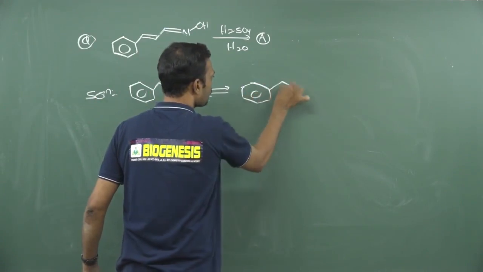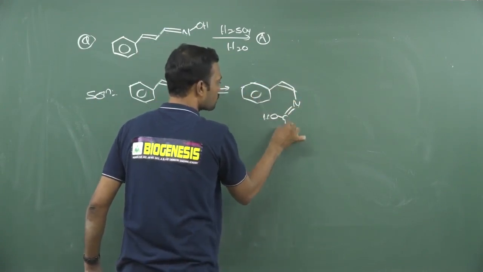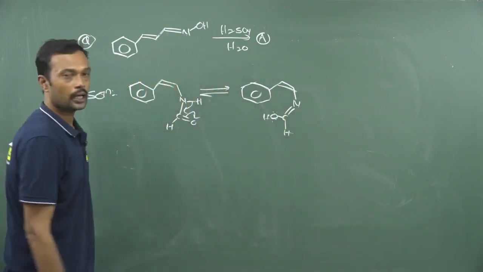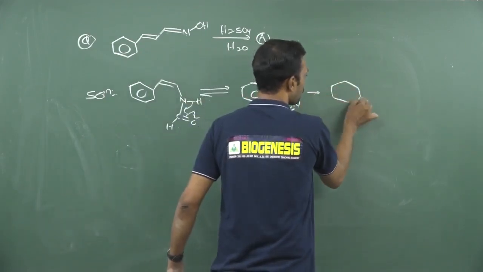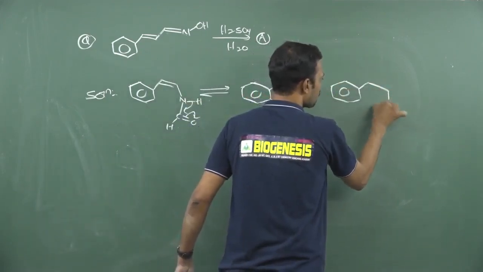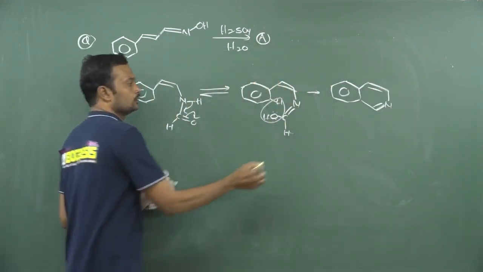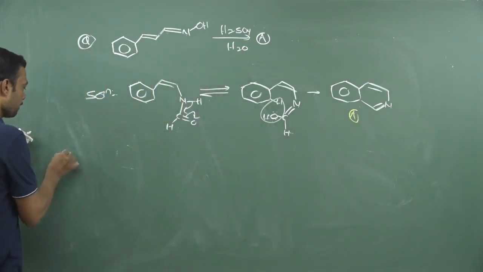After showing keto-enol tautomerism, this is nitrogen, carbon carries hydroxy, and this is hydrogen. Finally this will undergo dehydration here. Why? Because it is acid medium. So your answer is nitrogen double bond, isoquinoline. Beckmann rearrangement is also responsible to give isoquinoline.